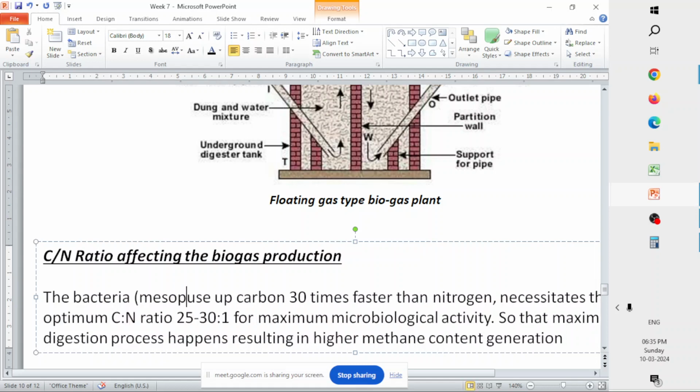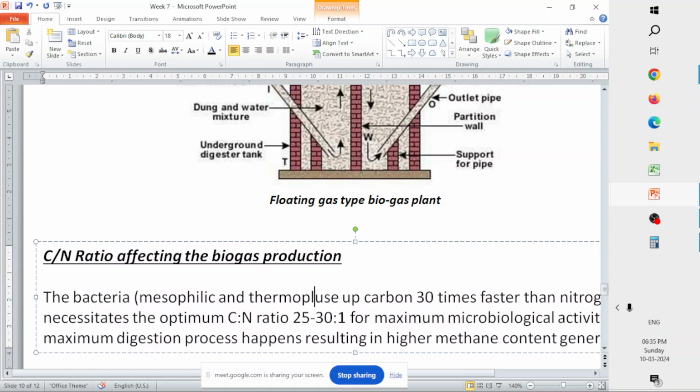Mesophilic and thermophilic are the two classes of microorganisms used for the anaerobic digestion of your biomass. Mesophilic microorganisms work at a temperature of 35 to 40 degrees Celsius, whereas thermophilic work in the range of 50 to 60 degrees Celsius.